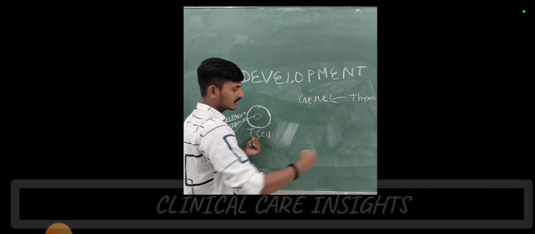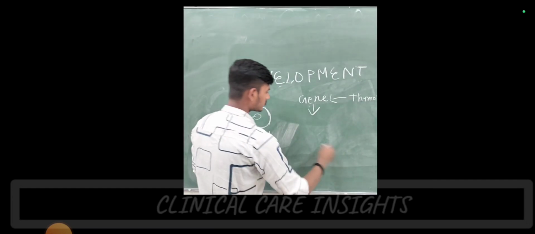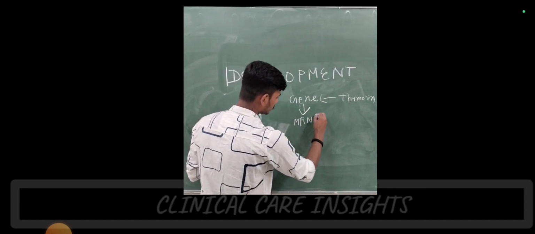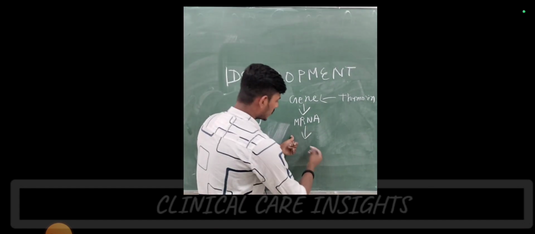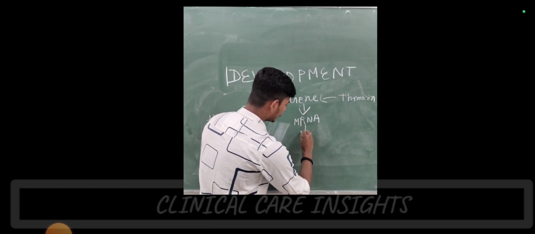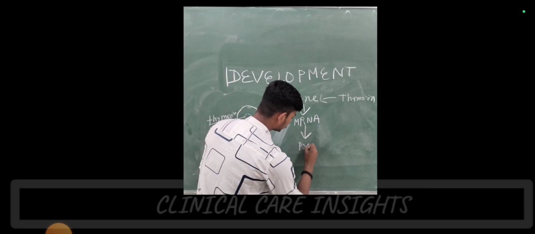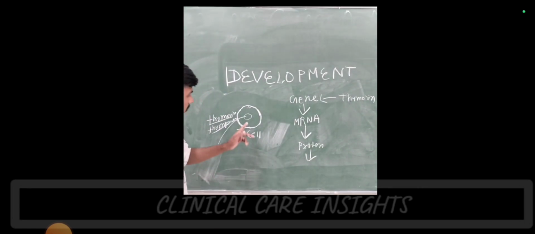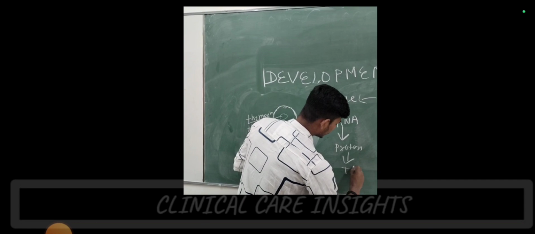Very good, the thymus gland, they synthesize the mRNA, and that mRNA results in some of the proteins, and those proteins are called the T cell receptor, TCR.